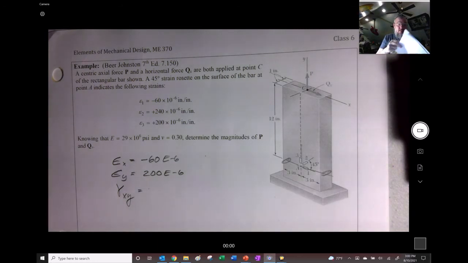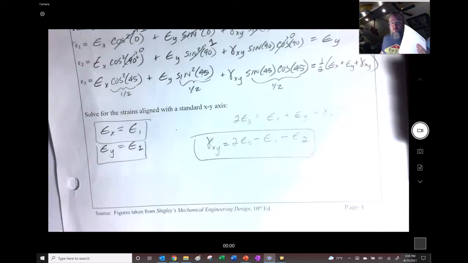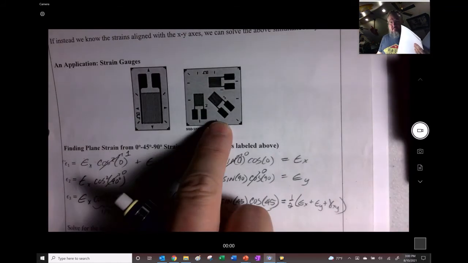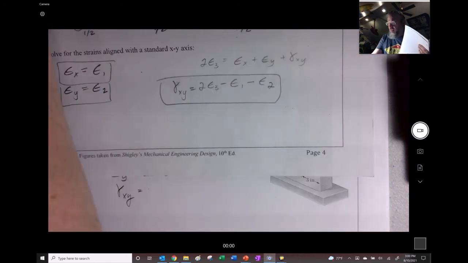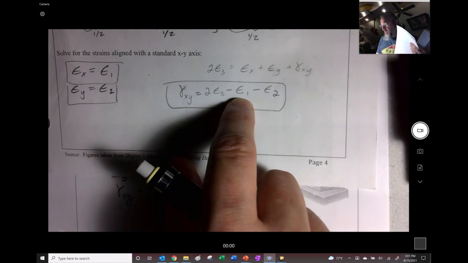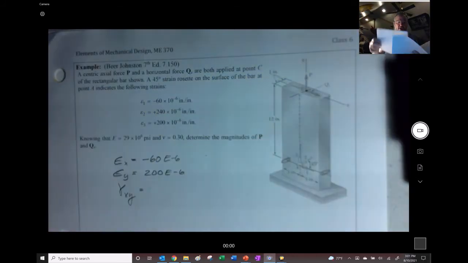Let's see, let's write it down. It was right here. So we made this conclusion that when we had this strain gauge, the gamma was 2 times epsilon 3 minus epsilon 1 minus epsilon 2. Well, that's the scenario that we're in right now.